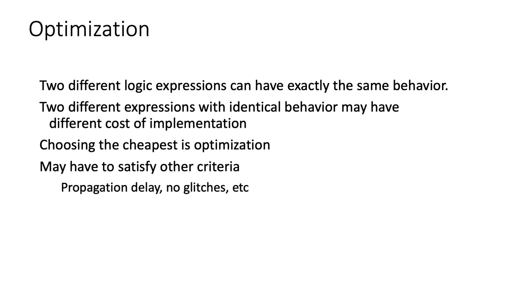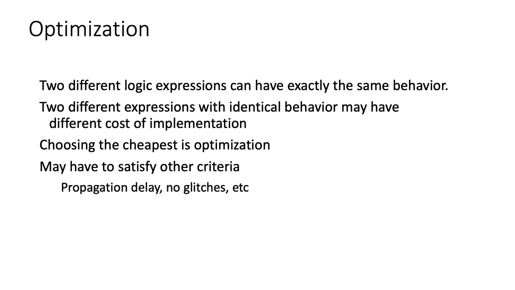Regarding the definition of optimization, it's when two different logic expressions have exactly the same behavior. However, two different expressions with identical behavior may have different costs of implementation. So which one to choose? That's the optimization part.